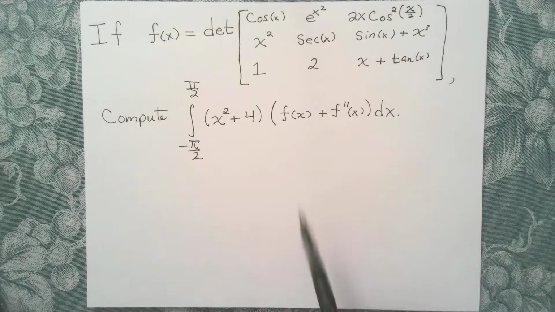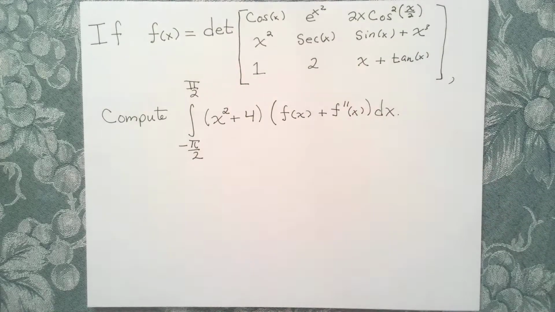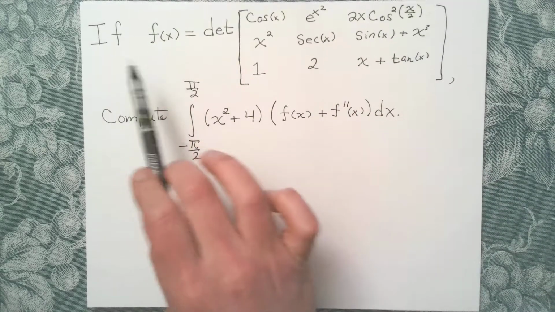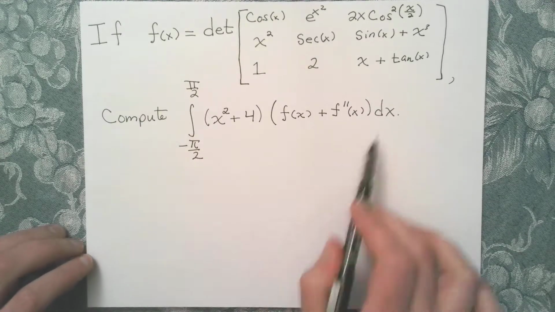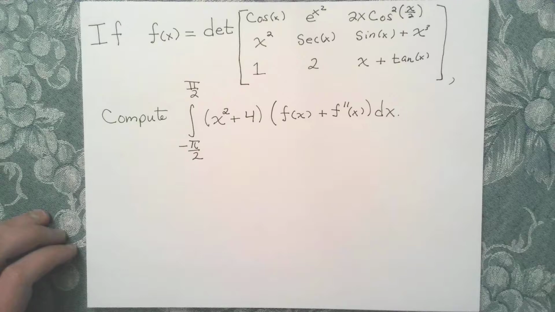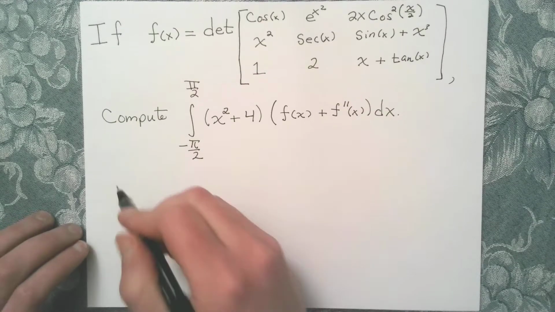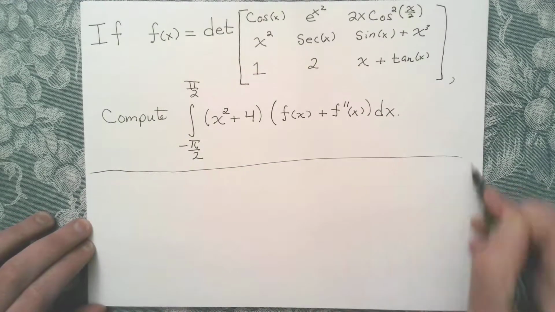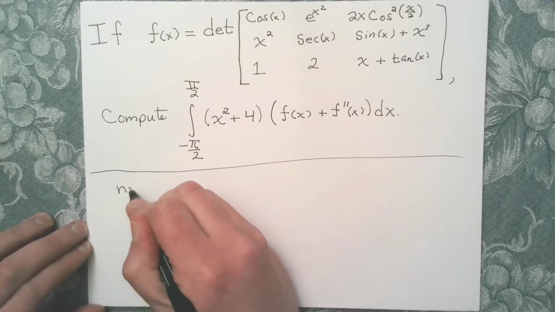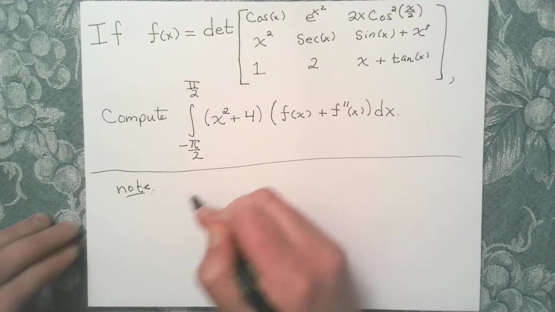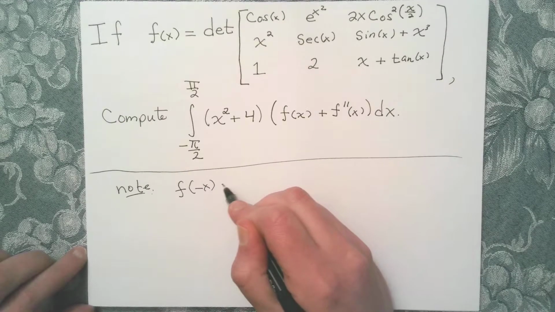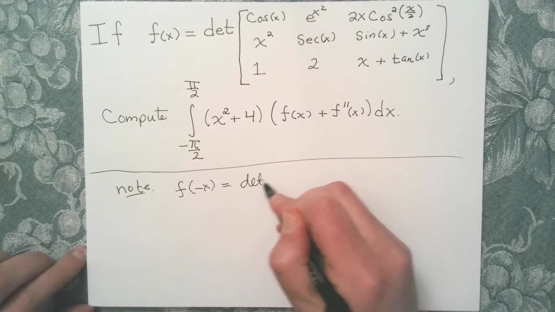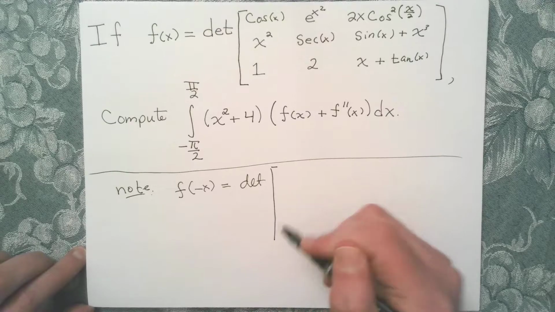So the first thing I want to do is investigate here. Let's see if this is an even or odd function, because that'd be very useful. So first, before we dig into this, let's go ahead and see what's going on with f. So let's note the following. We're going to note that f of negative x is equal to the determinant of, let's see what we have here.